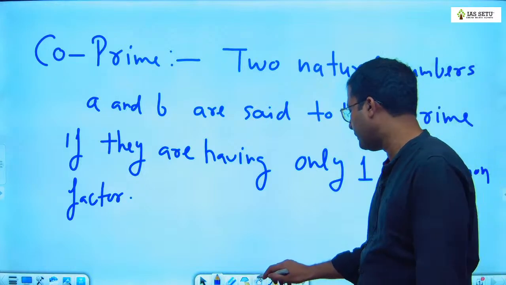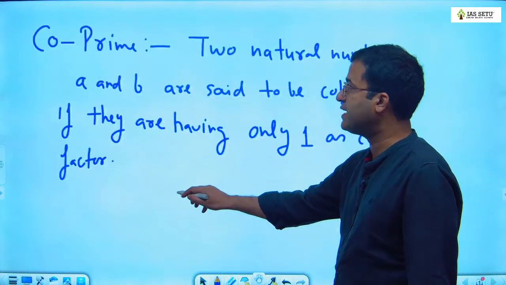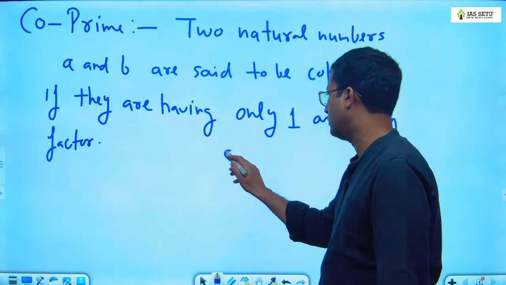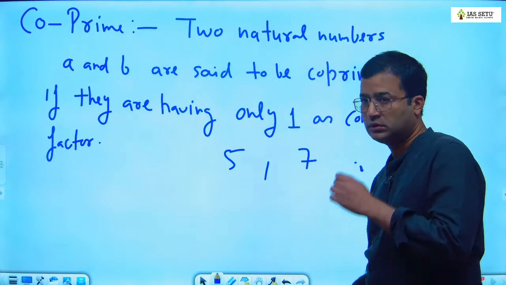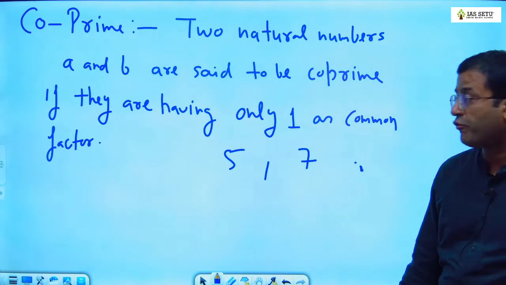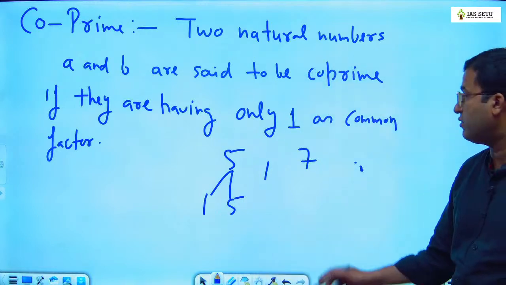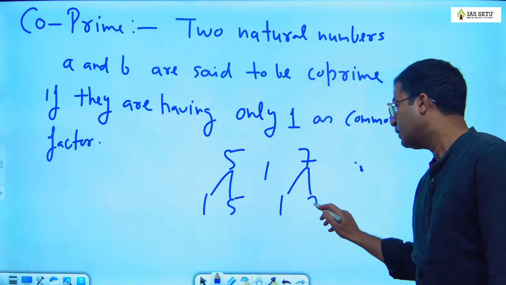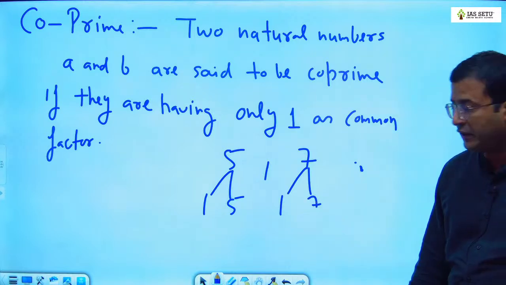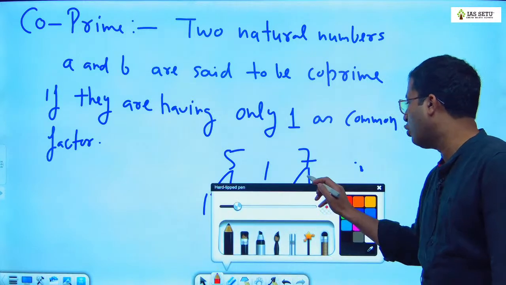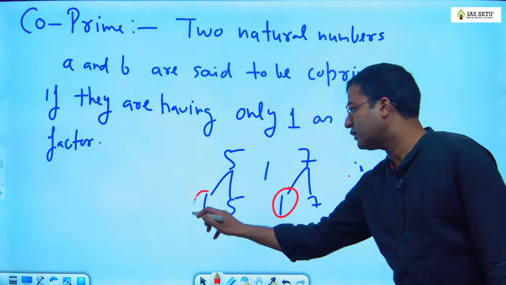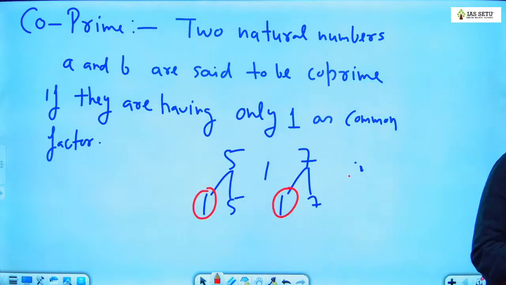I give you an example, like 5 and 7. What are the factors of 5? 1 and 5. What are the factors of 7? 1 and 7. Tell me the common factor. Only one. Since they have only one as a common factor, we say 5 and 7 are co-prime to each other.